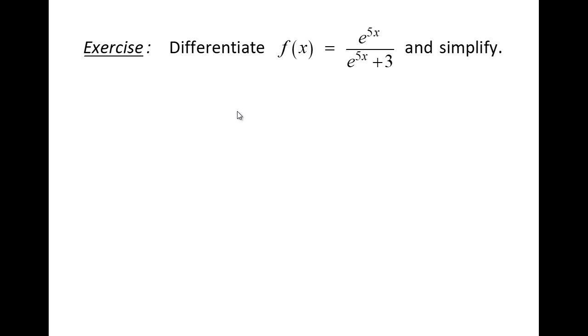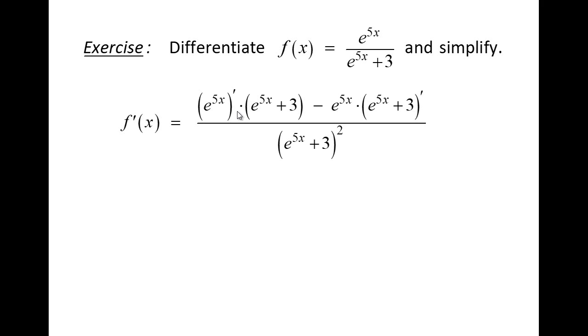Here's another example. Let's say we want to find the derivative of f of x equal to e^(5x) divided by e^(5x) plus 3. Well, in this case, it is a ratio, so we have to apply the quotient rule.